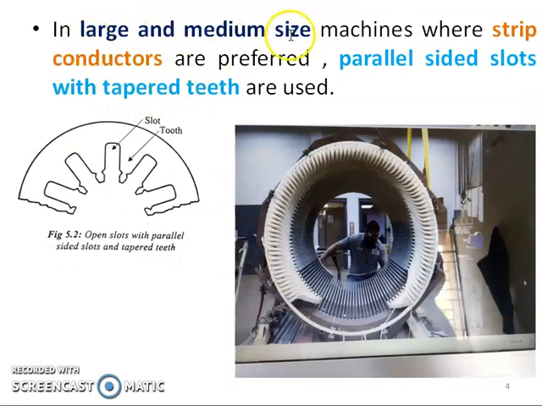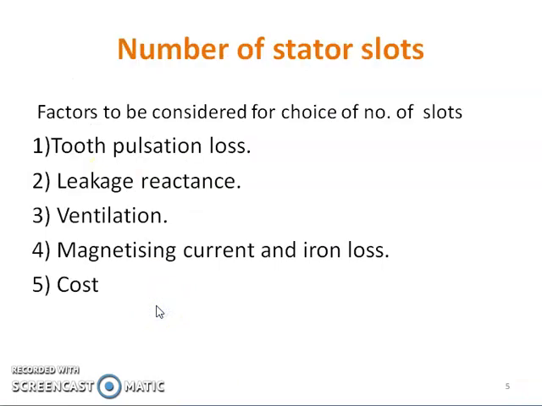In medium and large scale machines, strip conductors are preferred, and when strip conductors are used, parallel sided slots and tapered teeth are used. Then coming to the choice of number of stator slots.